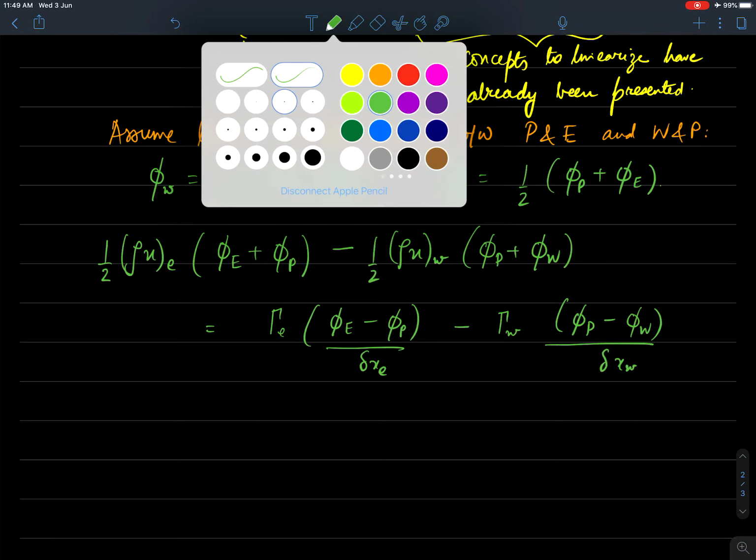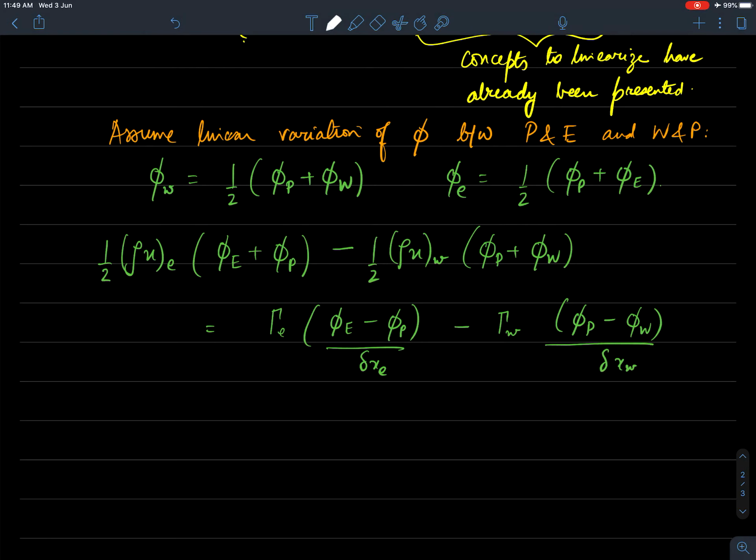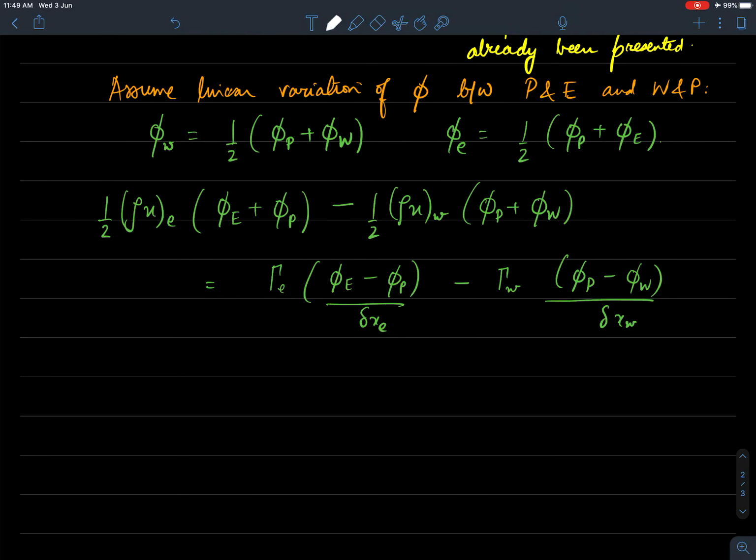Okay, now I'm going to define two new variables, and these variables you will see very commonly through the rest of the convection-diffusion formulation. I'm going to define F to be rho into u, and D to be gamma by delta x.